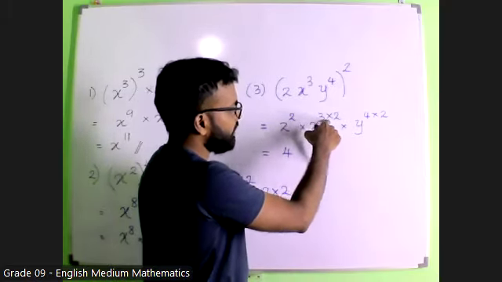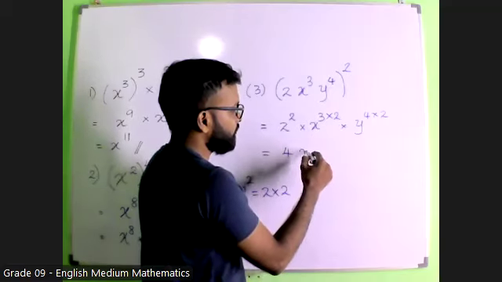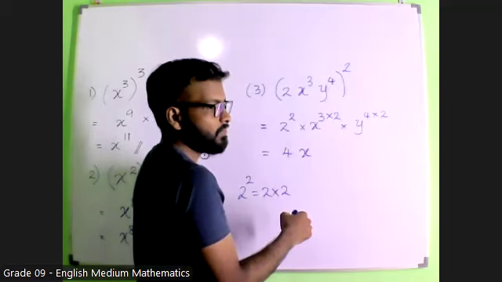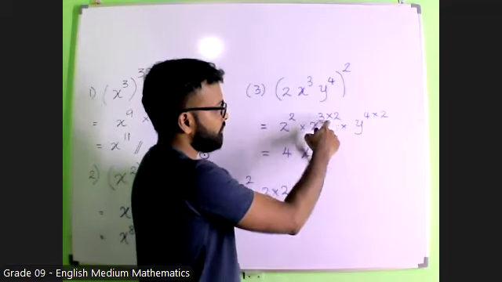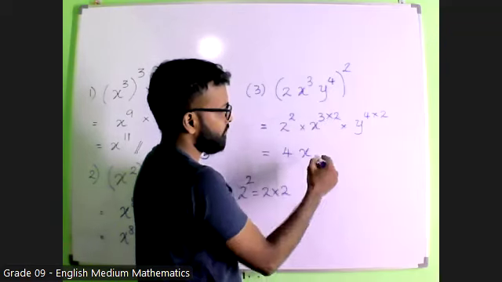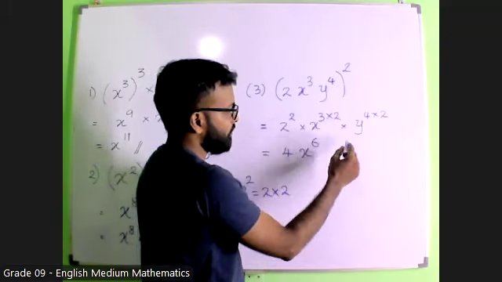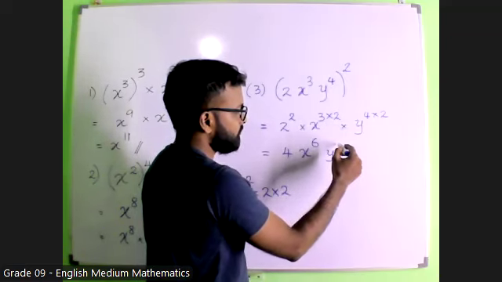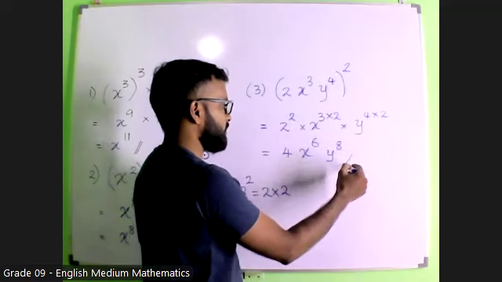X to the power 3 times 2: 3 times 2 is 6, so x to the power 6. Y to the power 4 times 2 is y to the power 8. So this is the final answer.